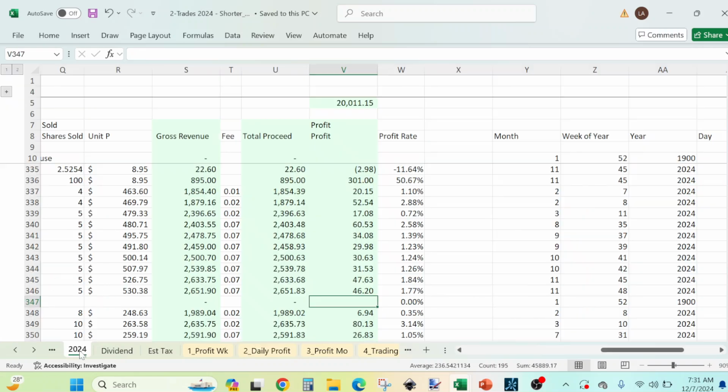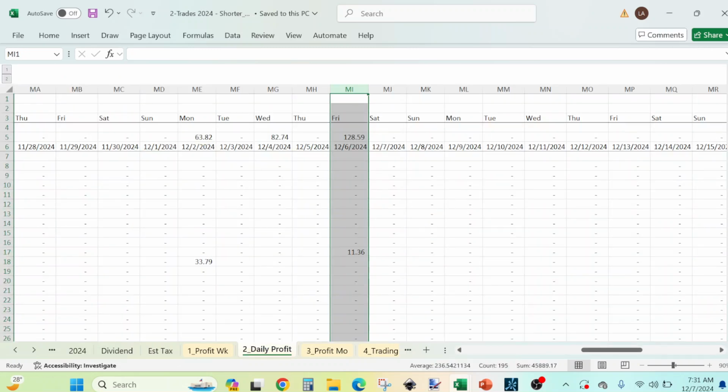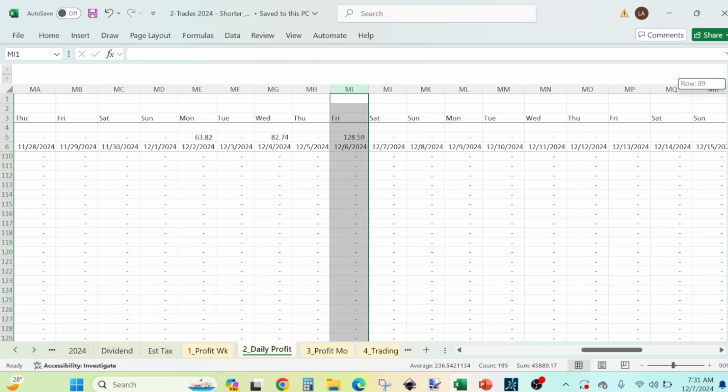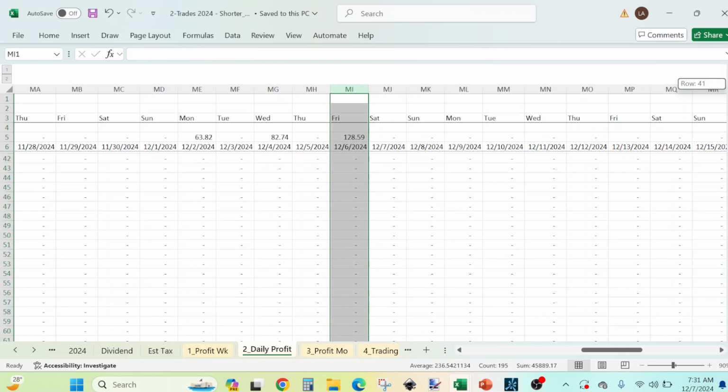By entering your daily transactions, you'll be able to pull your report, and you'll be able to find the total on the daily profit chart. So I'm trying to see.